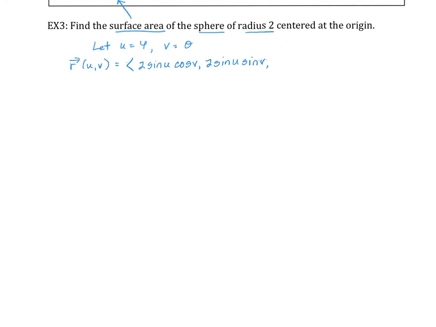And the last component would be 2 cosine of u. Now just remember your u value is phi, so it goes from 0 to pi. V is theta. It goes from 0 to 2 pi.